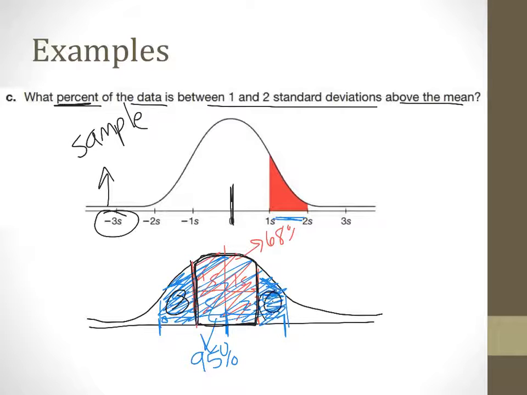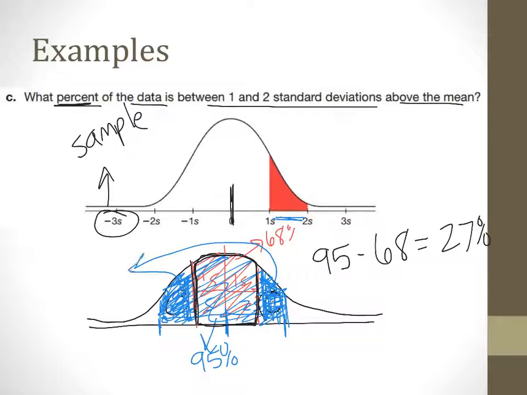So 95 minus 68 equals 27%. In other words, these blue areas, this one here and this one here, combined to be 27%.